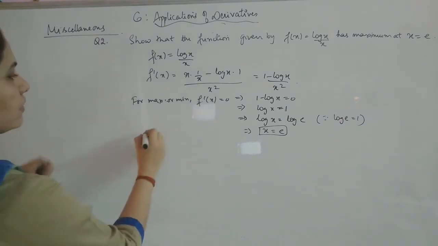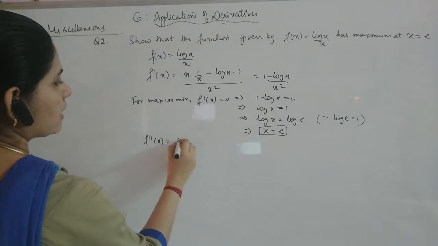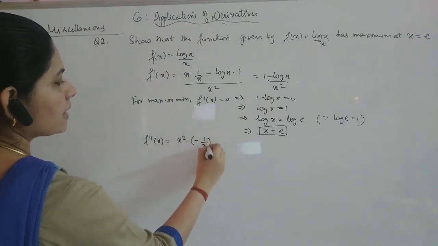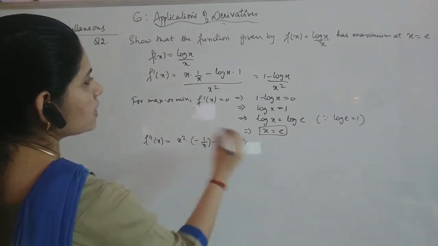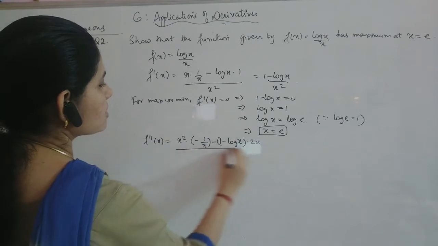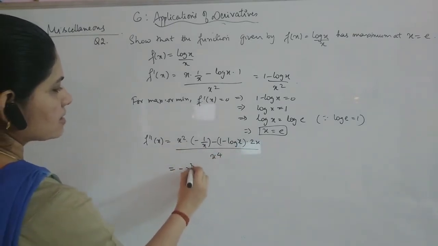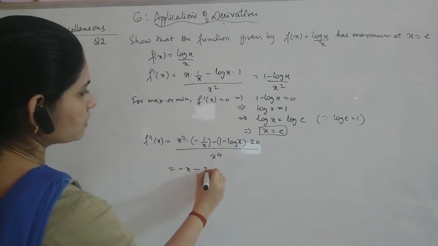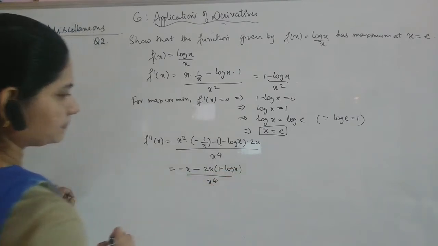Right? Now we will go for the second derivative. Second derivative from this: x square into the derivative of 1 minus log x, which is minus 1 by x, minus 1 minus log x into the derivative of x square, which is 2x, divided by x raised to 4. So here you will have minus x minus 2x into 1 minus log x divided by x raised to 4.